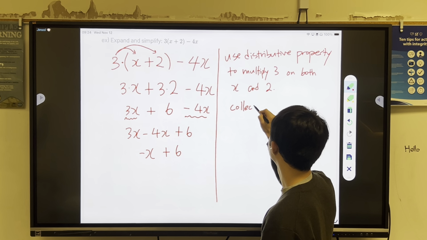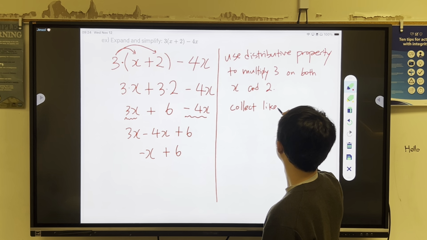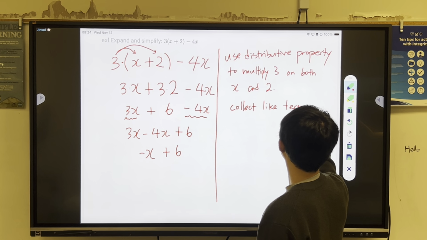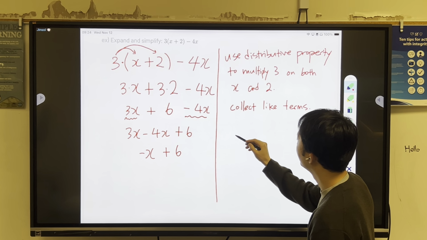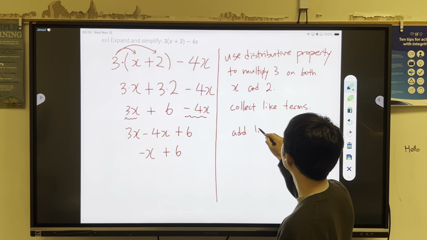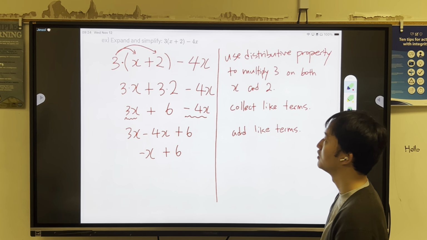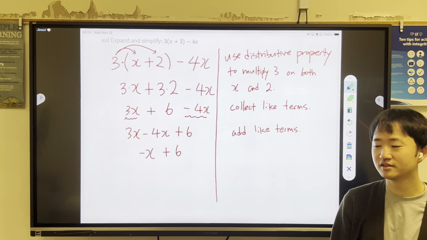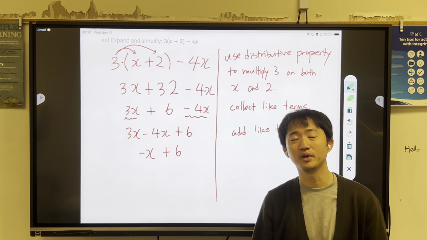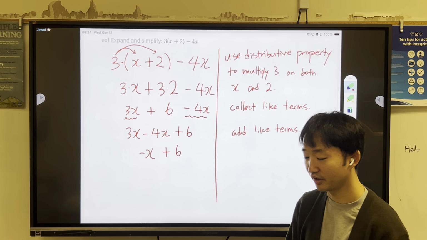Collect like terms. And add like terms. Quite a simple process, and you should be able to do them by yourself fairly quickly.